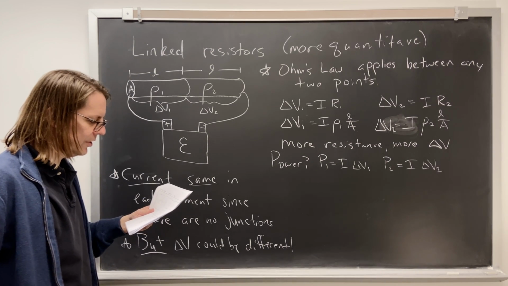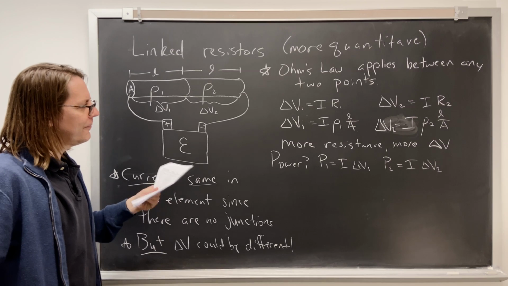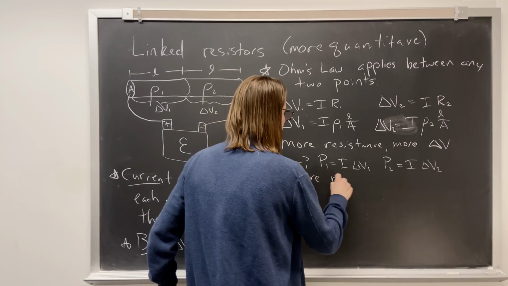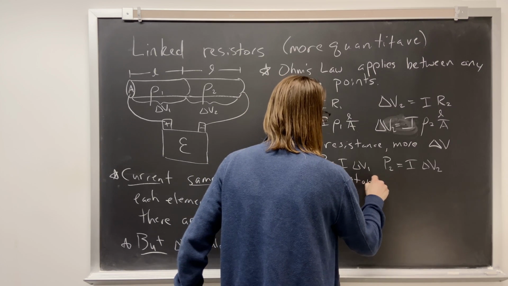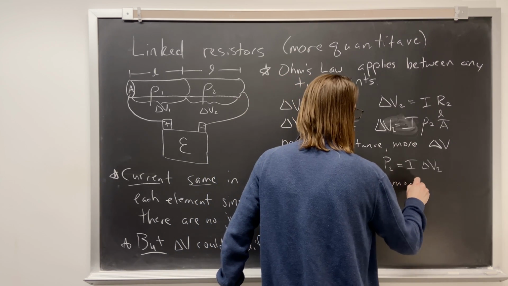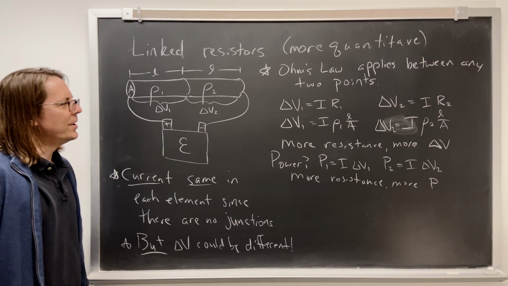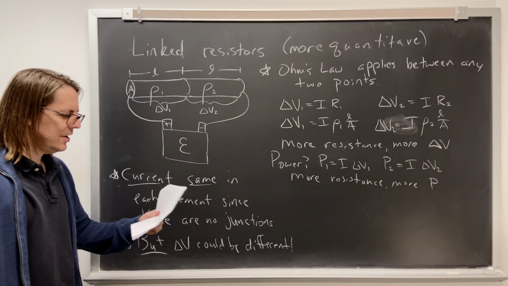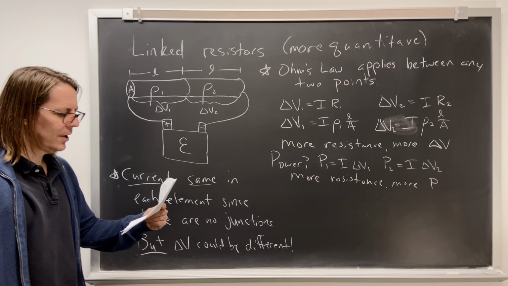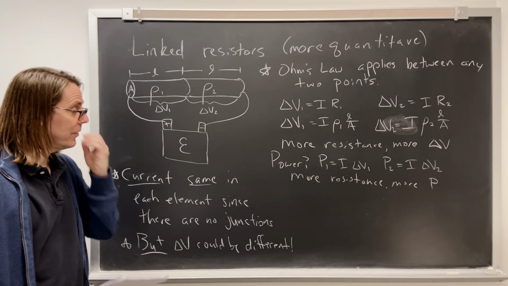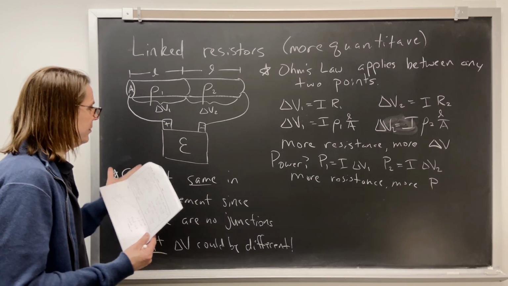Okay, that's interesting. But we can go a little bit further here. I'll just write it again: more resistance, more power dissipated. But we can go a little further and see how the voltages add. So now if we think back to what does potential difference really mean?